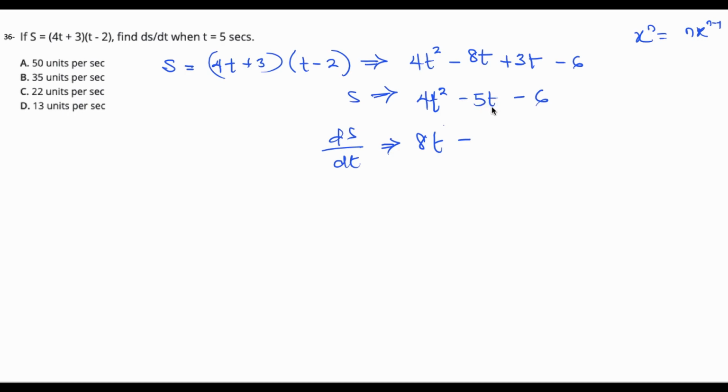Now the derivative of 5t is simply 5, and the derivative of a constant is 0, so this is our derivative. If you substitute 5 for t in this expression, we have 8 multiplied by 5 minus 5, and that's 40 minus 5. So our answer is 35 units per second, and that's B.